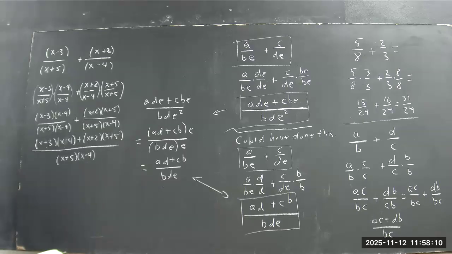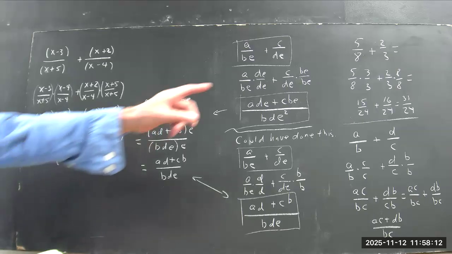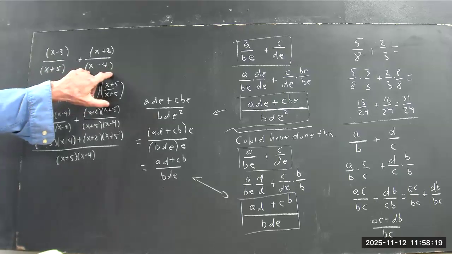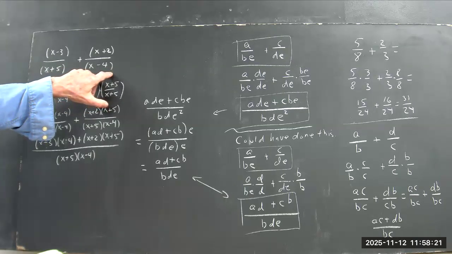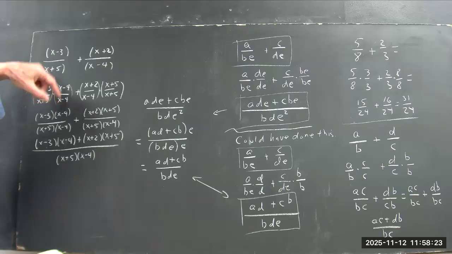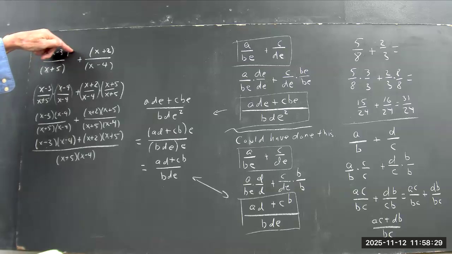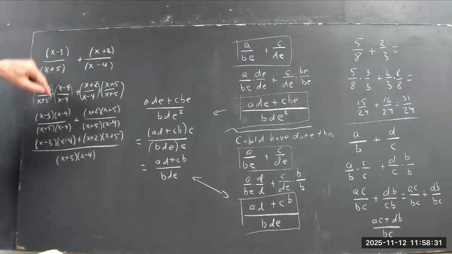And that's really no different than what we did on the very first problem. We just took the denominator of the second fraction and multiplied it by the denominator of the first fraction and the numerator of the first fraction.